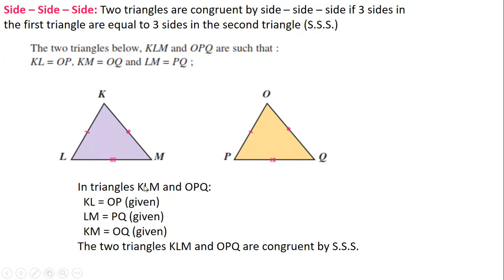In triangles KLM and OPQ, we have side KL is equal to side OP by given, side KM is equal to side OQ by given, and side LM is equal to side PQ, of course, by given. The ending sentence: the two triangles KLM and OPQ are congruent by SSS.